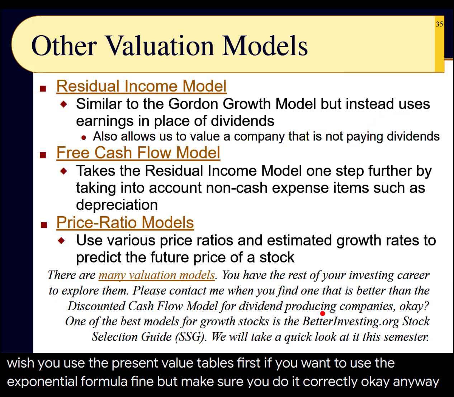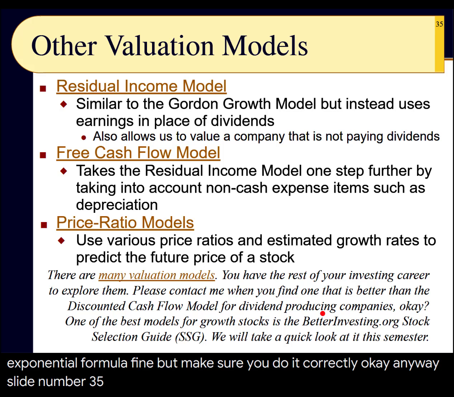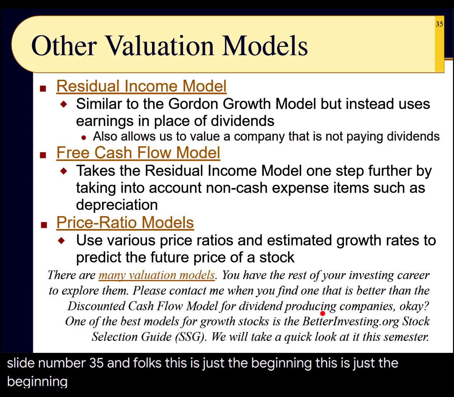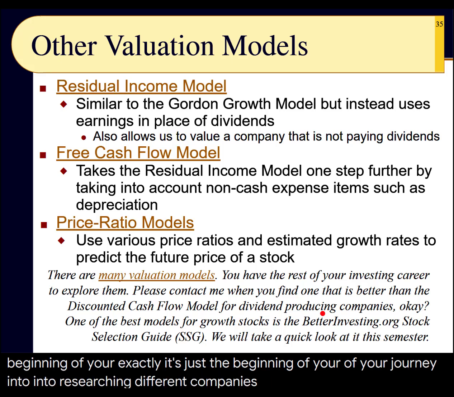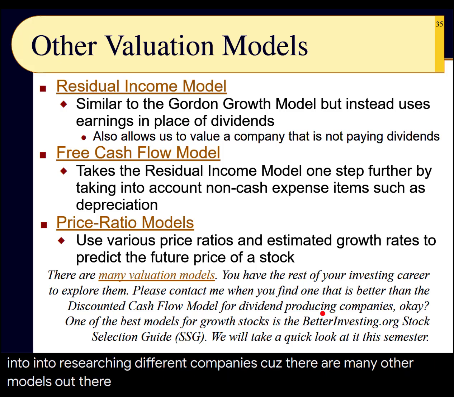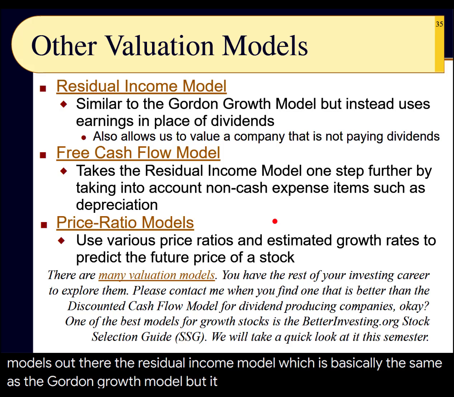Okay, anyway, slide number 35. And folks, this is just the beginning of your journey into researching different companies, because there are many other models out there. The residual income model, which is basically the same as the Gordon growth model, but it uses earnings instead of dividends.